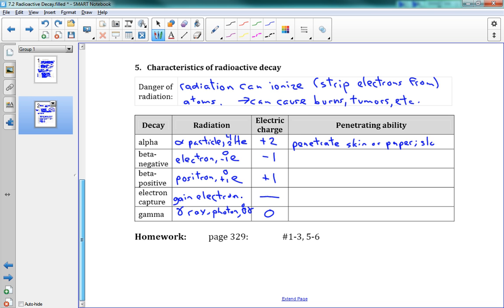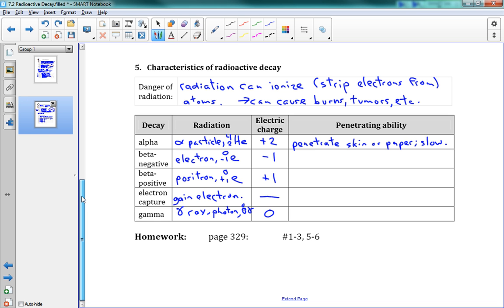And it's slow. These alpha particles, they're slow. So if you want to protect yourself against that kind of radiation, just a single wall is going to be enough. Or you could definitely get a suit that's going to protect you from that. So that's not so much of a problem. I mean, it is a problem. If you're exposed to alpha radiation, that's very bad. But it's pretty easy to protect against.